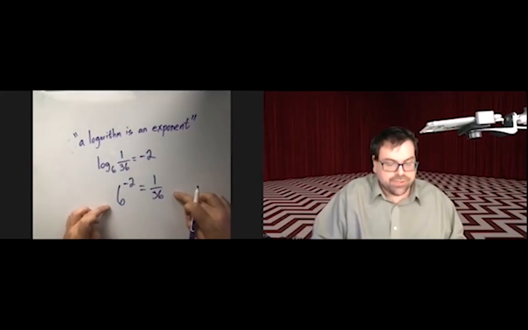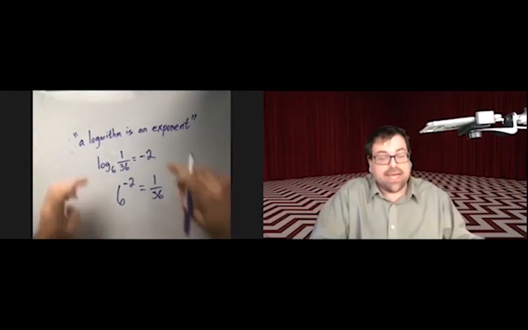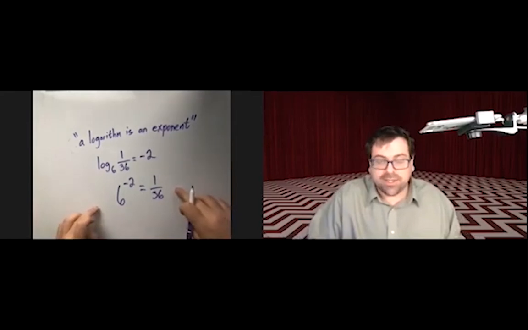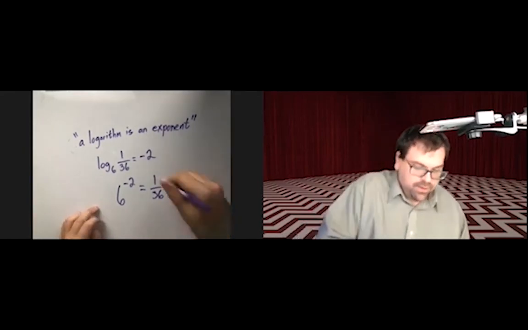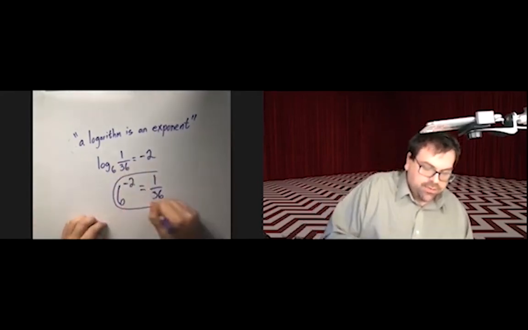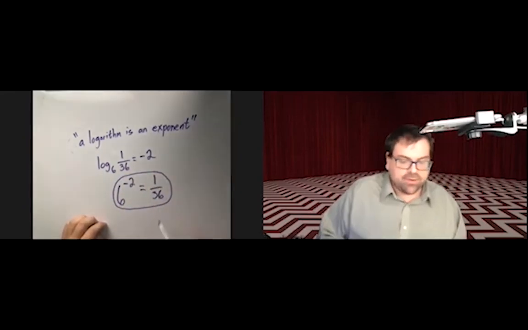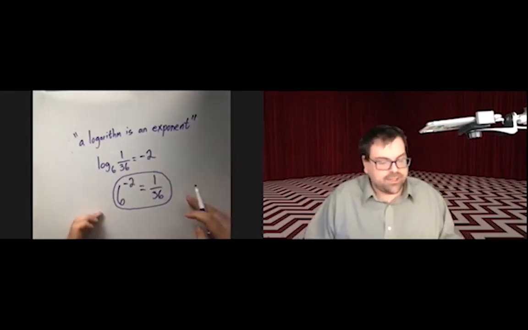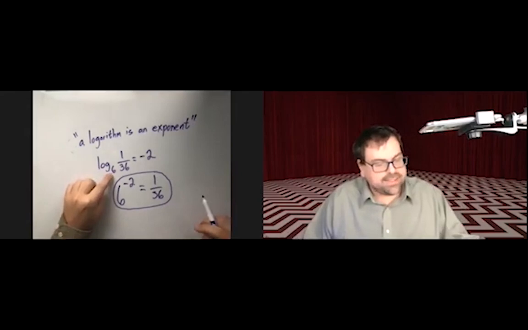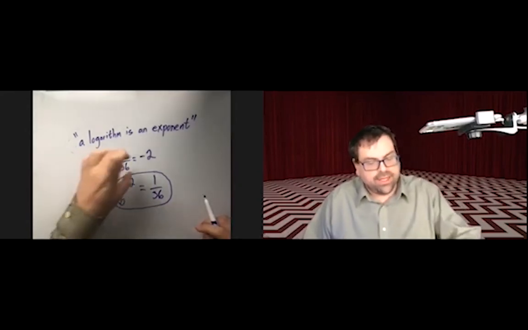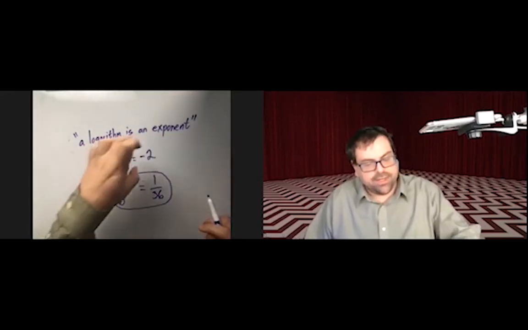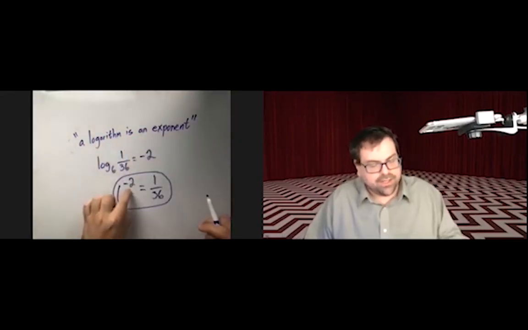And we know this is a true statement. And since that was a true statement, we'd hope to get something that's true. We can use that fact that a log is an exponent to rewrite it in exponential form. Remember, the base is the little number by the log. And if the log is an exponent, this log is -2. The exponent is -2.